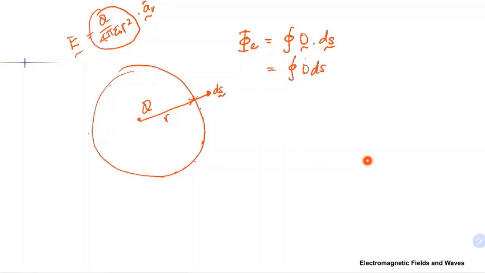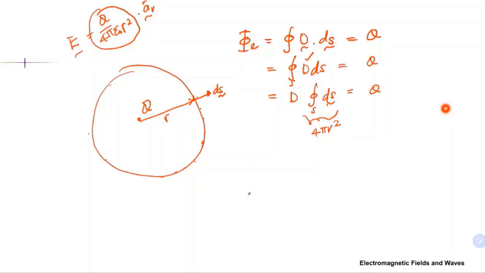And then because we know E is constant, I can take this constant out from my integral. I'm just doing this integration, and this integration is well known. We know that this is equal to 4 pi r squared. And then we know that this is equal to the charge enclosed inside.